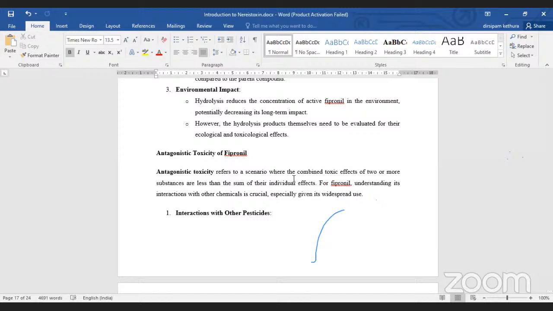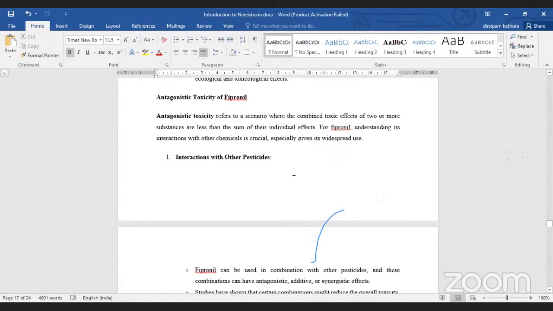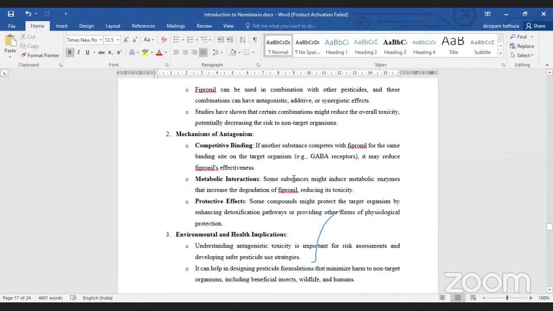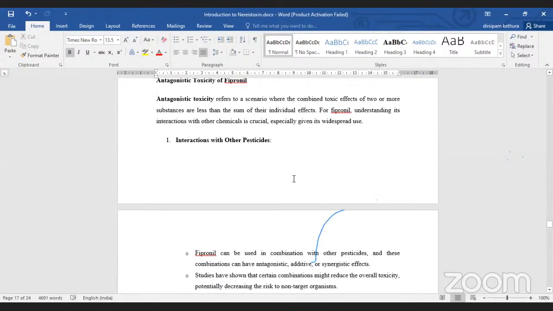Coming to the antagonistic toxicity of fipronil. This fipronil toxicity was antagonized by, you can see a chemical here.